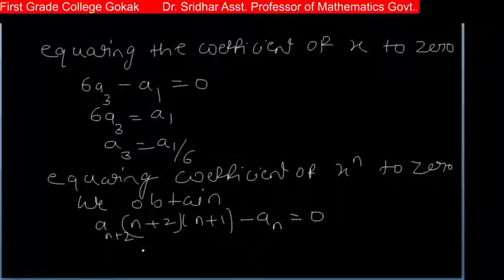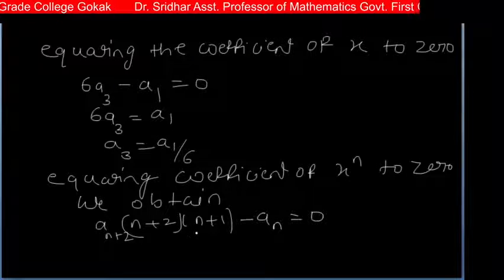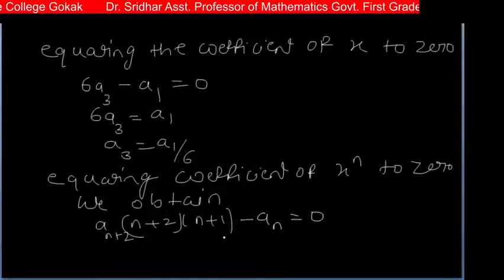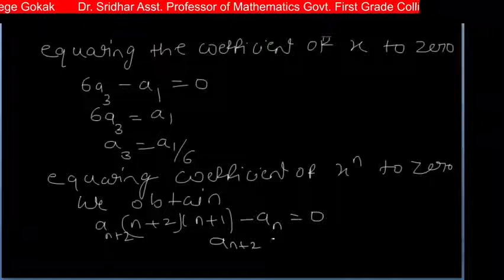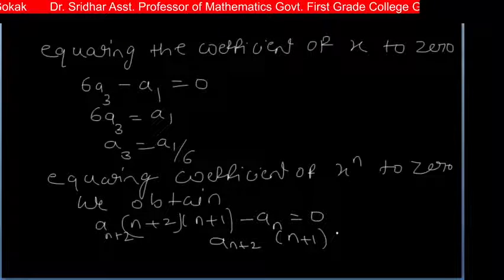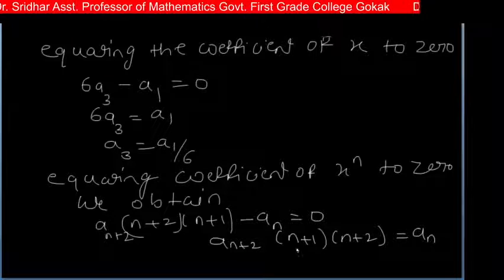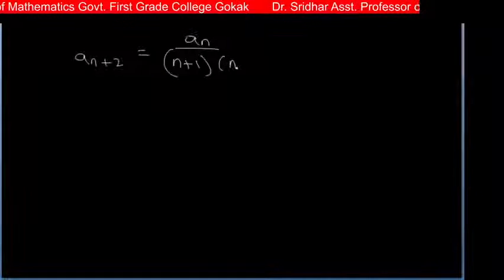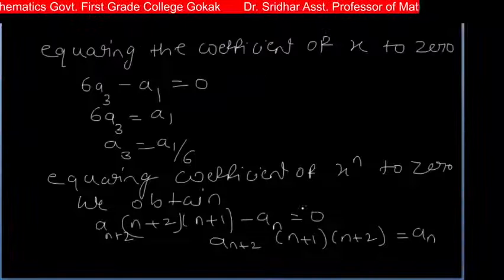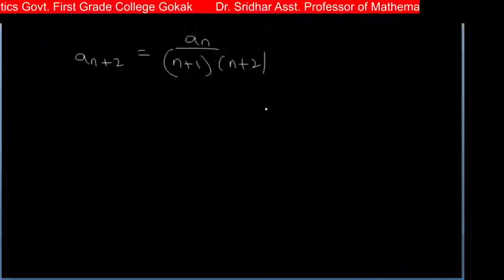So now I need a n plus 2. Therefore a n plus 2 into n plus 1 into n plus 2 is equal to an. Therefore a n plus 2 is equal to an divided by n plus 1 into n plus 2.